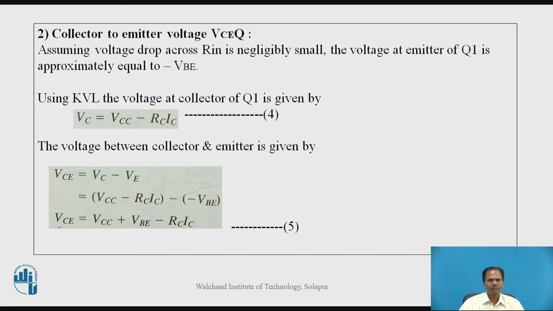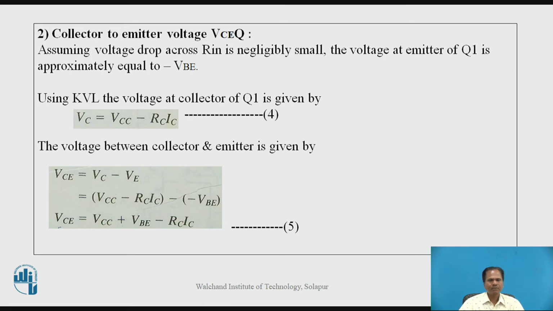Let this be equation number 4. So the voltage at the collector with respect to ground is VCC minus RC into IC. The voltage between the collector and emitter, using KVL, is VCE equal to voltage at collector minus voltage at emitter.